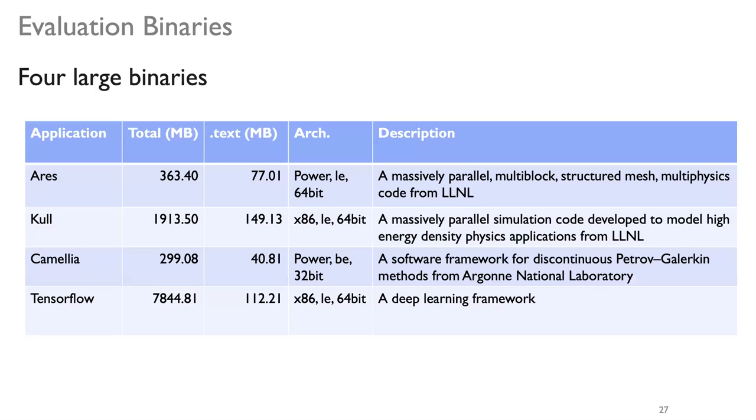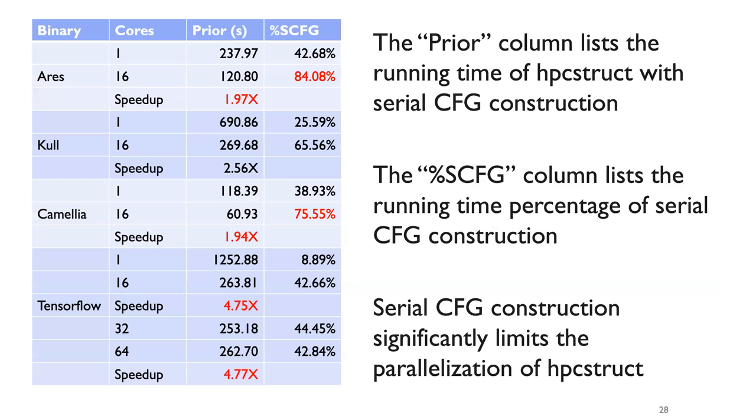We use 4 large binaries for evaluation. These 4 binaries are from real-world applications, which range from a few hundred megabytes to about 8 gigabytes in terms of size, and include x86-64, big endian Power, and little endian Power in terms of architectures.